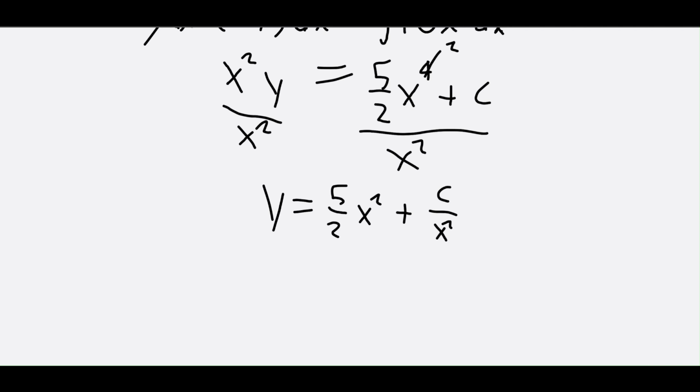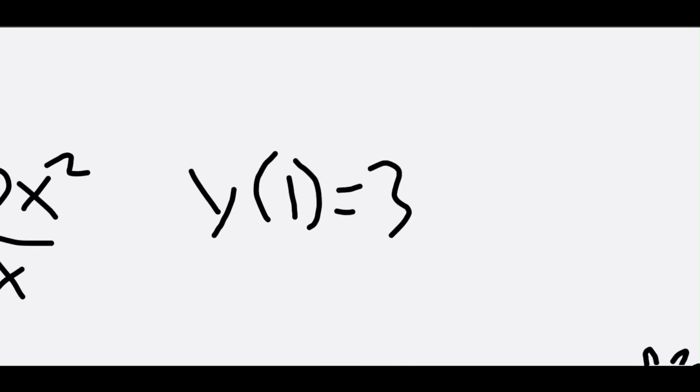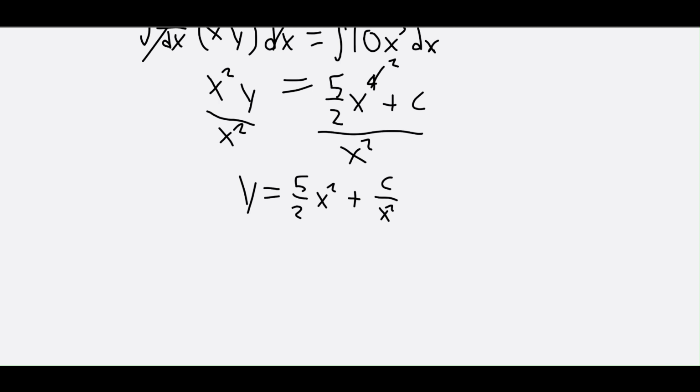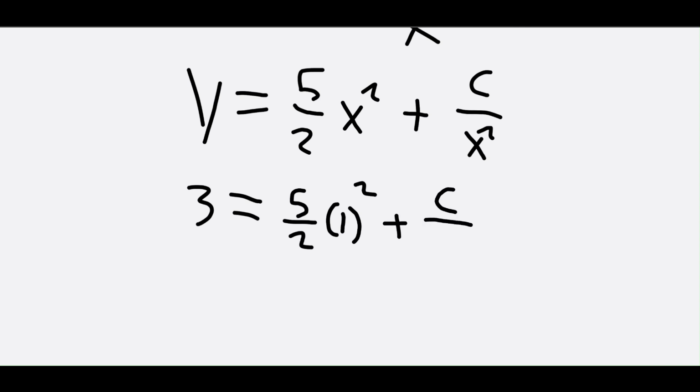Now we have it in a y form. What do we do next? Well, if you recall, in the beginning, we were given y of 1 equals 3. So let's do 3 equals 5 over 2 times 1 squared, plus c over 1 squared.